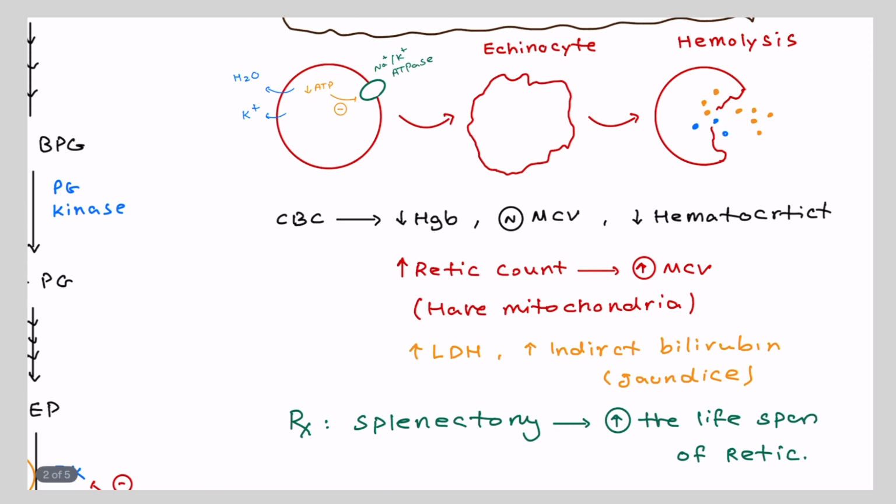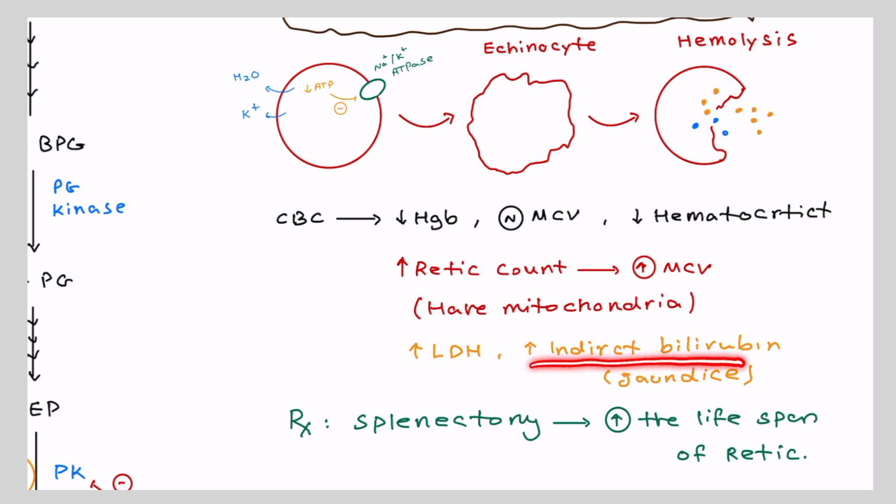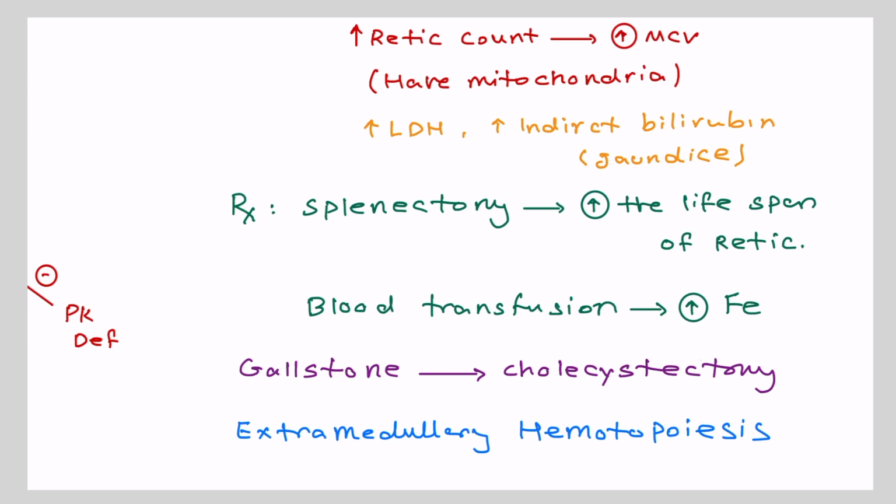When the red blood cells are getting hemolyzed, their content spills outside, and we can measure that as increased lactate dehydrogenase, and we are going to have indirect hyperbilirubinemia, which manifests as jaundice. Blood transfusion is going to be an important treatment as well, because there is recurrent chronic hemolysis.